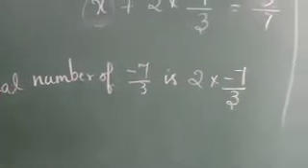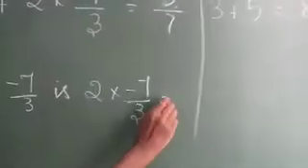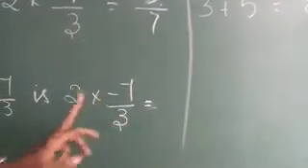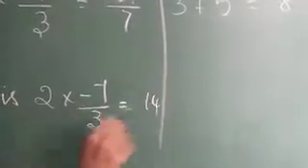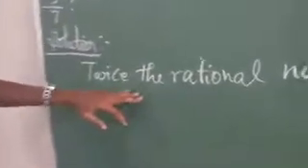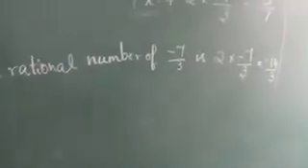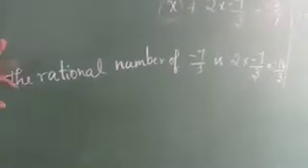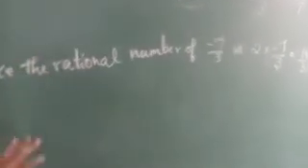So here you simply multiply. See here, 2 sevens are how much? 14. Plus into minus is minus 14 by 3. So twice the rational number of minus 7 by 3 is 2 into minus 7 by 3; you simply multiply, 2 sevens are 14, so minus 14 by 3.